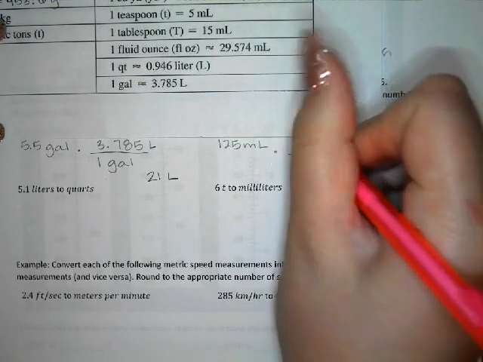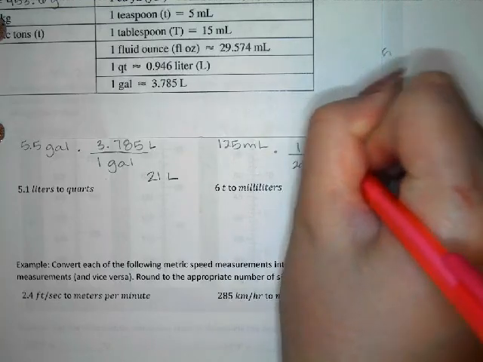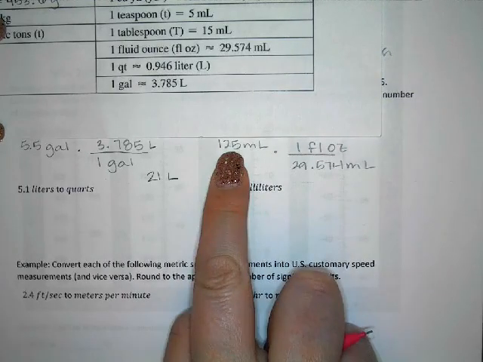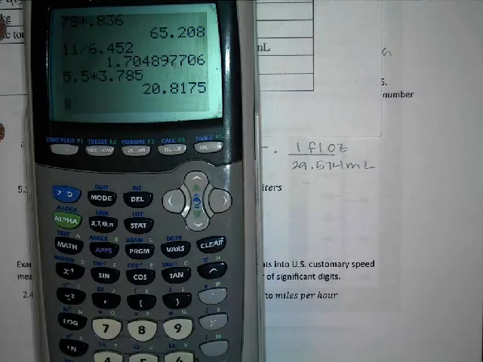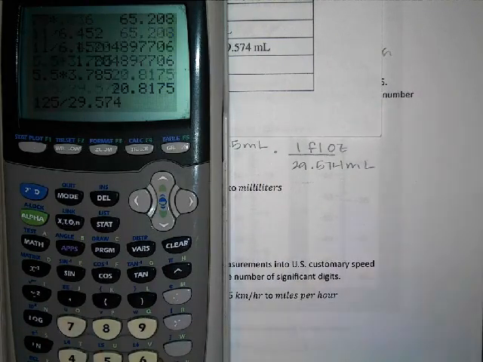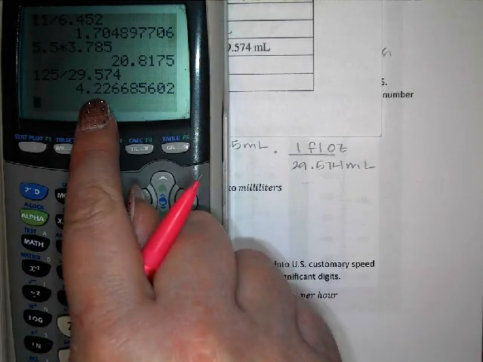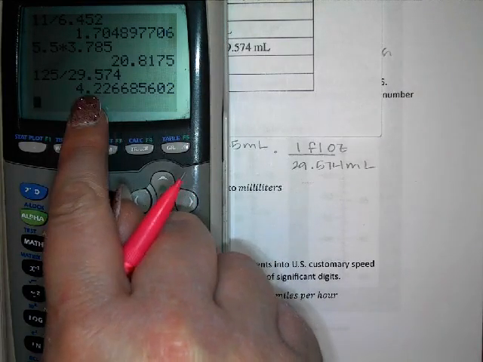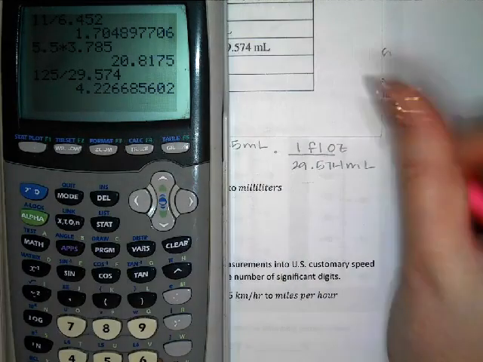Our original number has 3 significant digits, and so our answer is going to have 3 significant digits. So we get 4.23 fluid ounces.